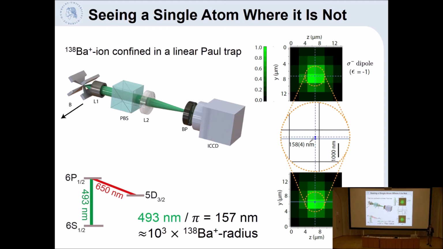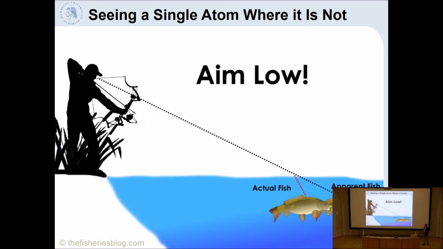And this means, for example, that if you had an electron gun and you wanted to shoot the ion and you were aiming optically, okay, then you would have to do the same as somebody who is fishing with a bow, okay? So you would actually have to aim low in order to hit the actual fish or the actual ion, because the apparent ion is shifted in position.